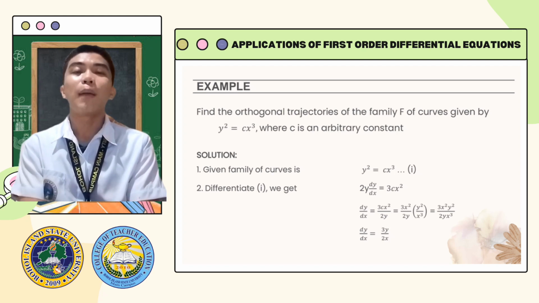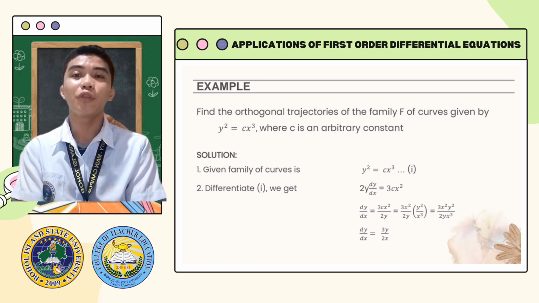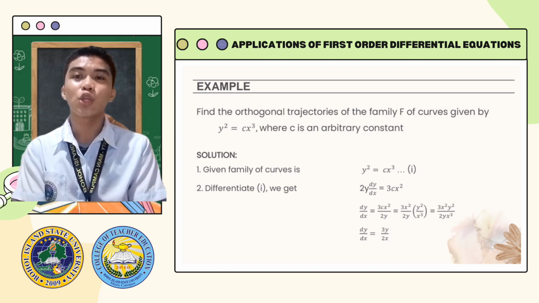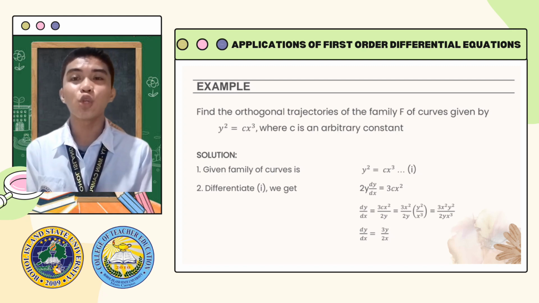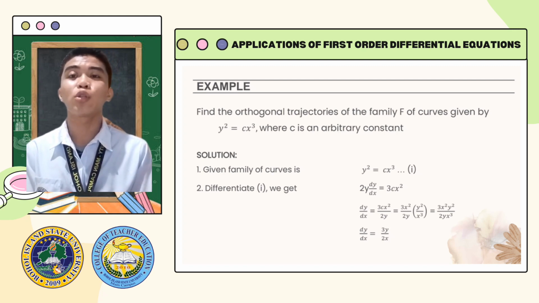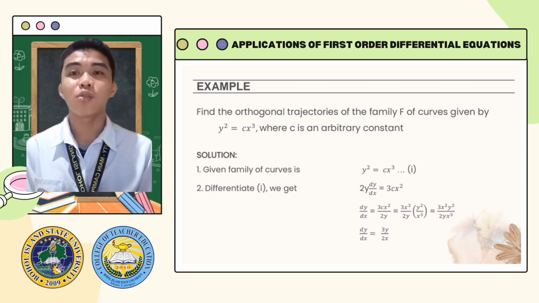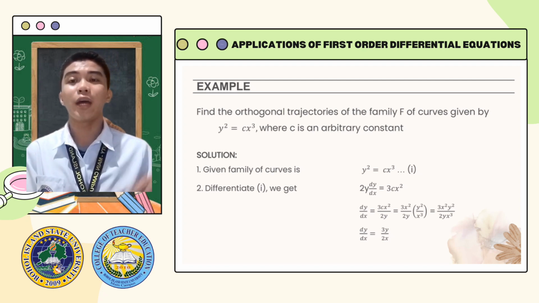Multiplying, we get dy over dx equals 3x squared y squared over 2y x cubed. Since this can be simplified to its lowest terms using the rule of exponents, we get dy over dx equals 3y over 2x.